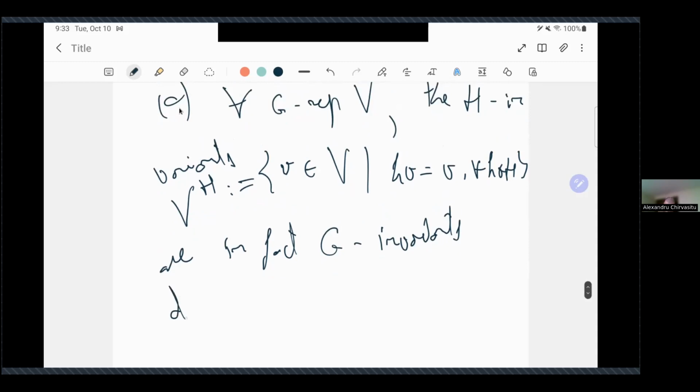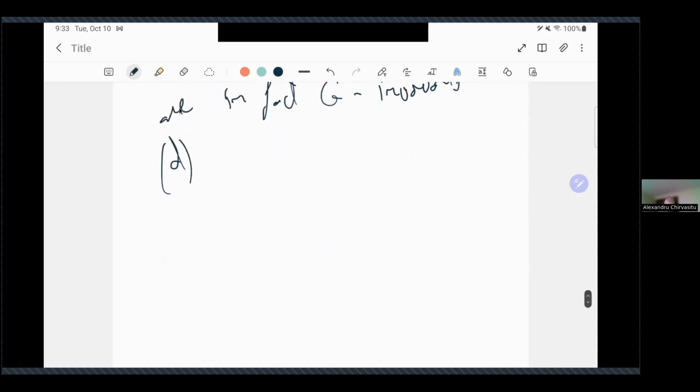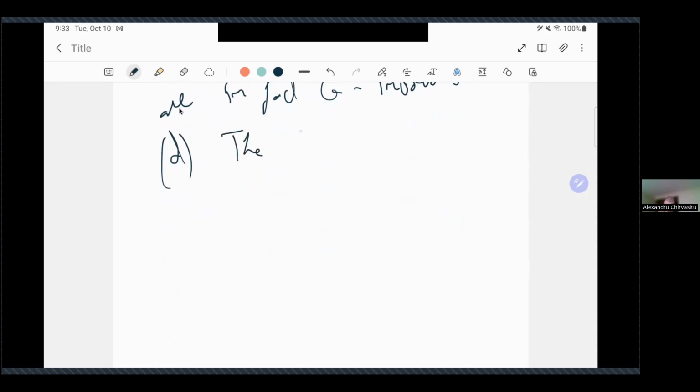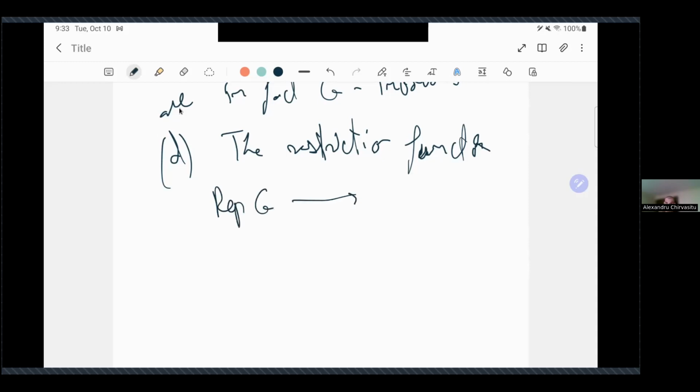Or also, for representations, the restriction functor from representations of G to representations of H, the restriction functor is just the obvious one.